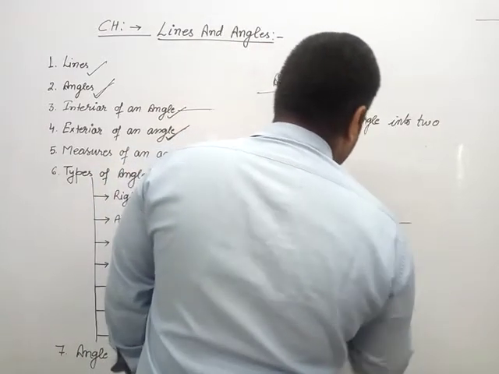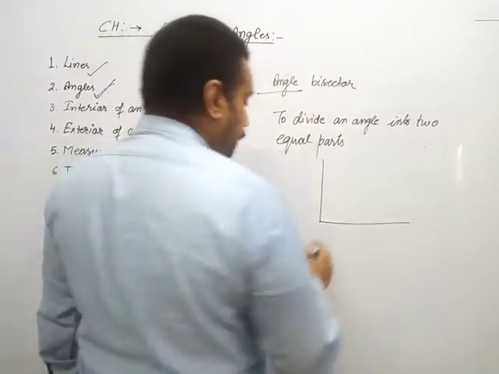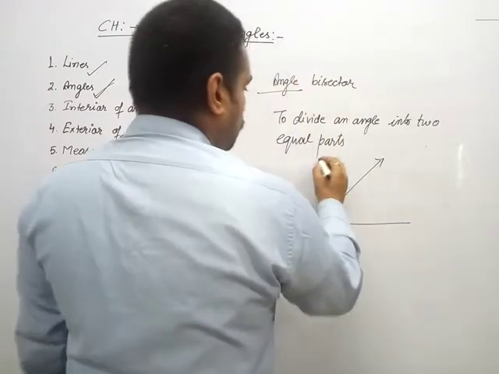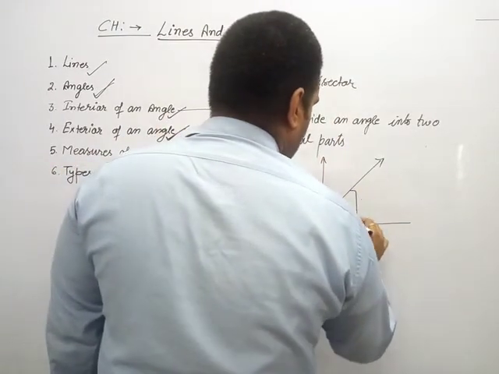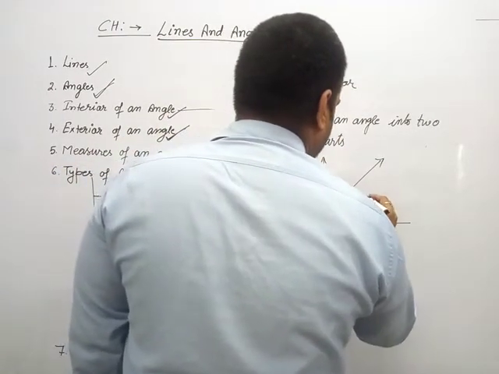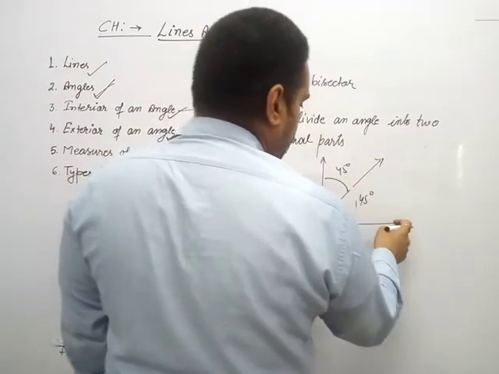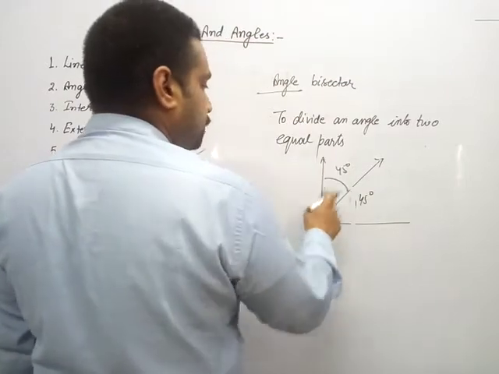Okay, if this is a right angle and I take the ray, this one, it means if this angle is 45 degrees and this angle is 45 degrees, so the measure of this angle is 45, and the measure of this angle is 45.